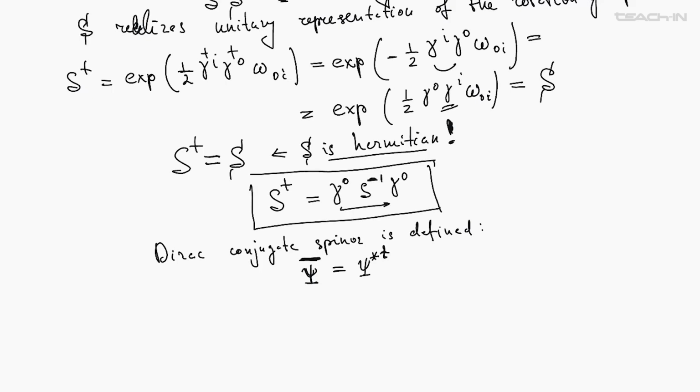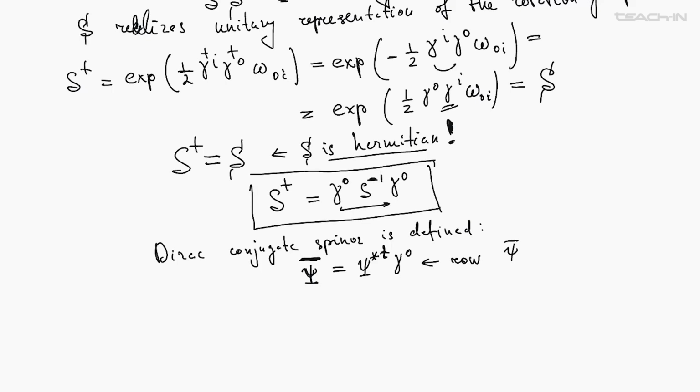So this psi bar constructed in this way is not a column, but a row, a row consisting of 4 numbers, which you can also write, as I said, as psi dagger, which means conjugation and transposition, multiplied with gamma 0.